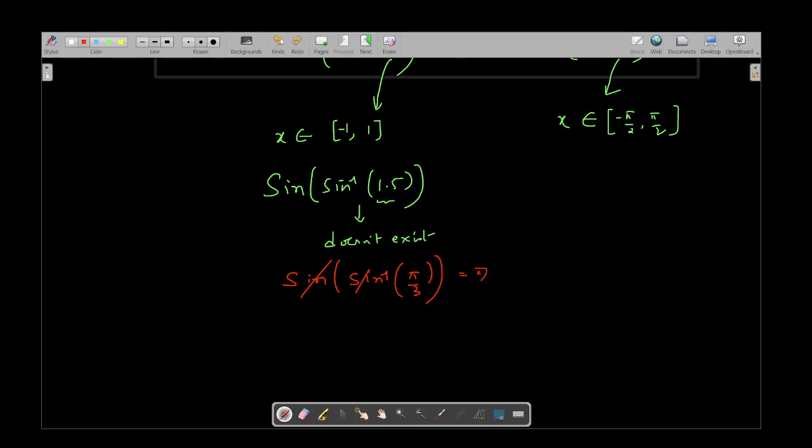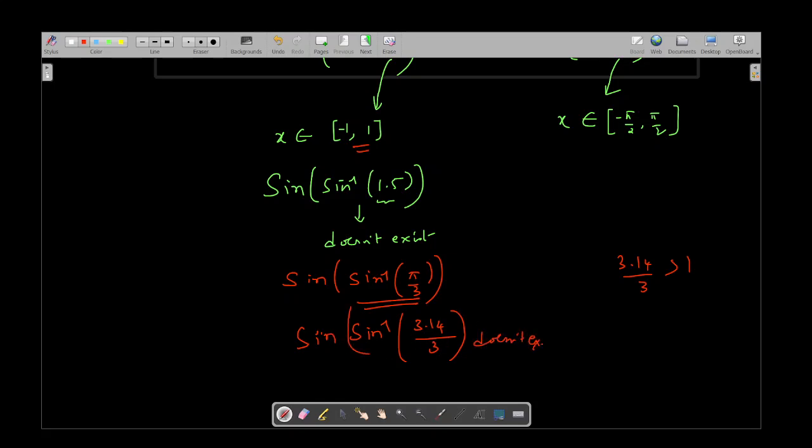Here for sine inverse of pi by 3, we have to check it like this. Pi is 3.14 and this is 3, so 3.14 divided by 3 is greater than 1, so this does not come in the interval -1 to 1. So sine inverse of pi by 3 does not exist.